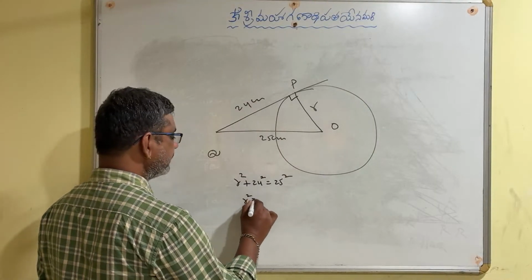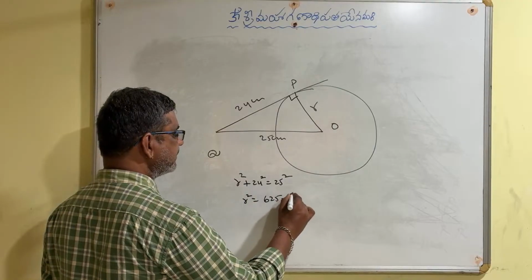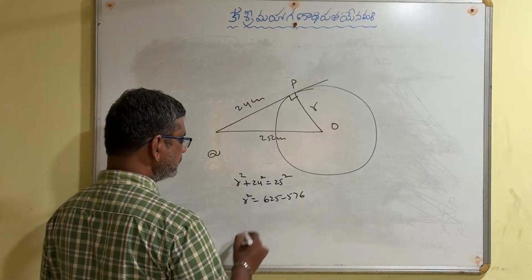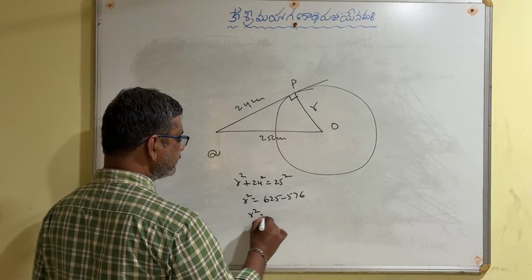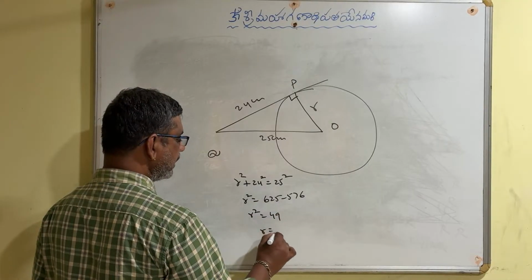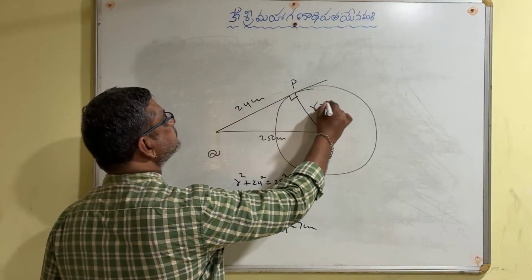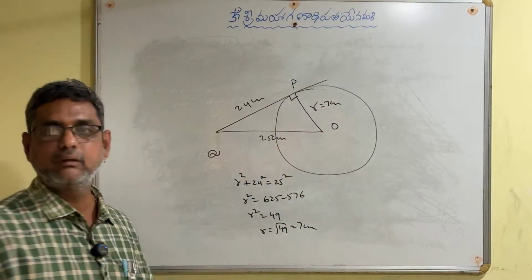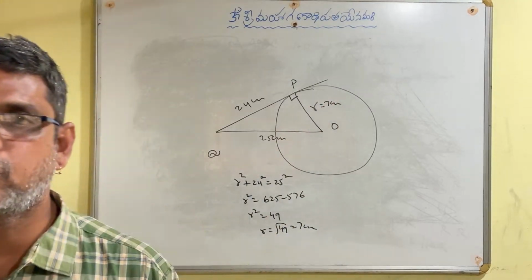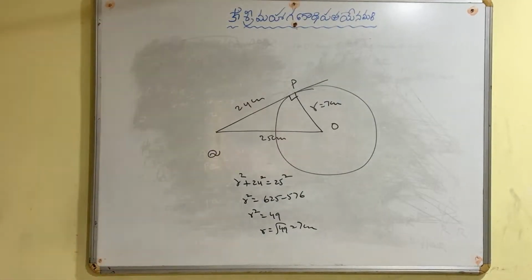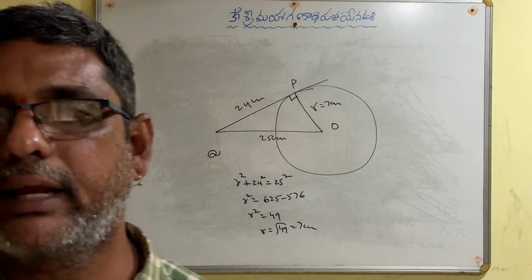Then R square will be 625 minus 576, which is 49. R will be root over 49, 7 centimeters. So the radius of the circle is 7 centimeters. Okay?